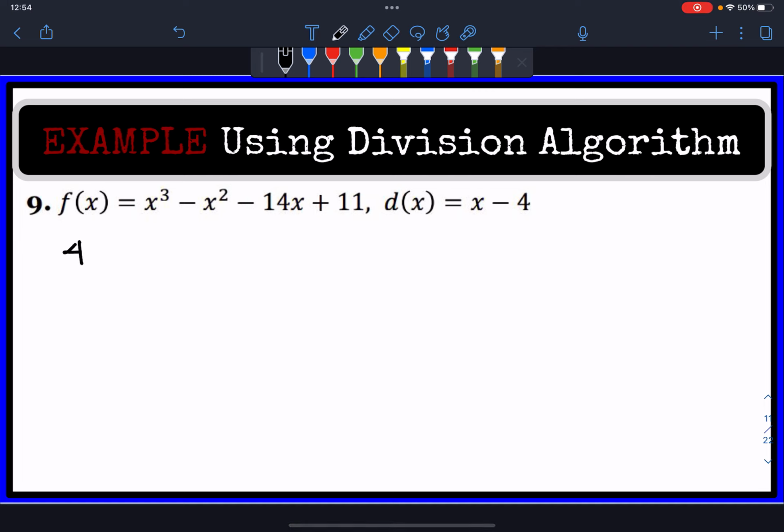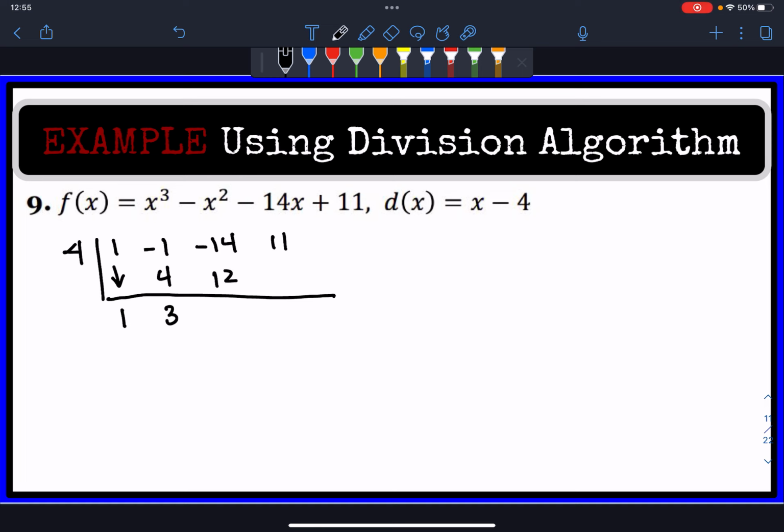So using positive 4 on the outside and 1, negative 1, negative 14, and 11 on the inside, using synthetic division, we end up with 1 times 4, which is 4, 3. 3 times 4 is 12. This is negative 2.